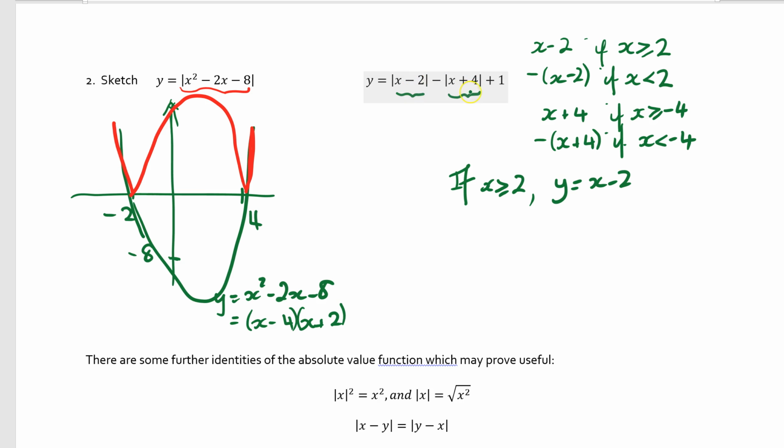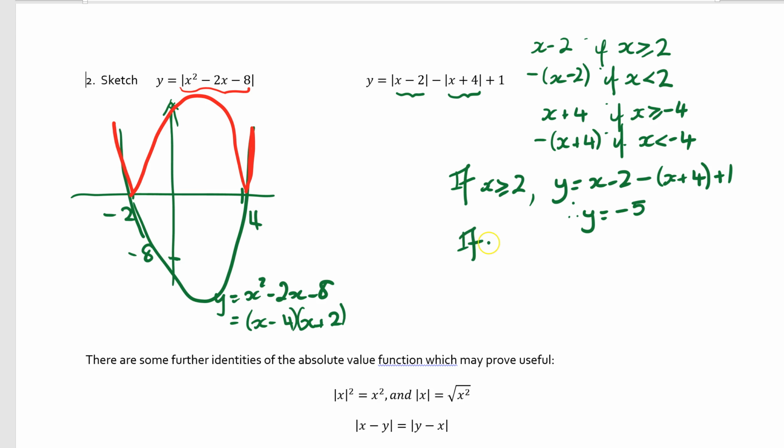And for this one here, if we are greater than or equal to 2, then we're certainly greater than or equal to minus 4. So we take x plus 4 for that one, and a 1. So that gives us that y equals x minus 2 minus x minus 4 plus 1, so the x's are gone, minus 2 minus 4 is minus 6, plus 1, which is minus 5.